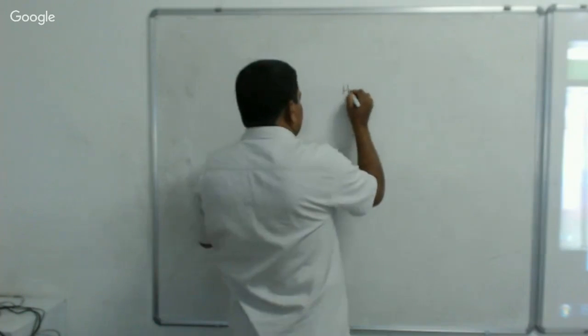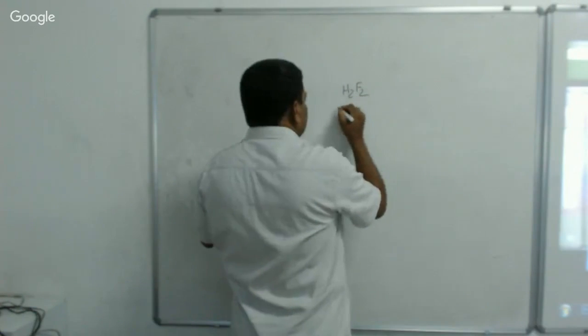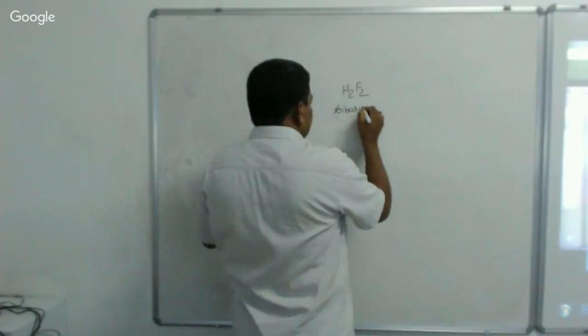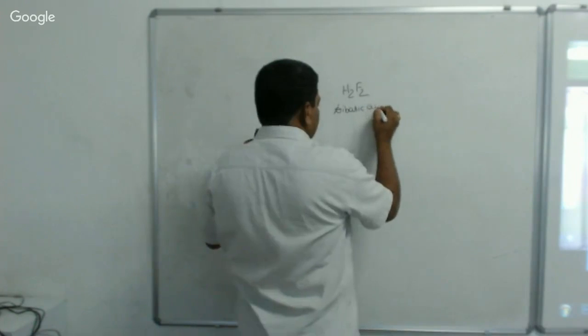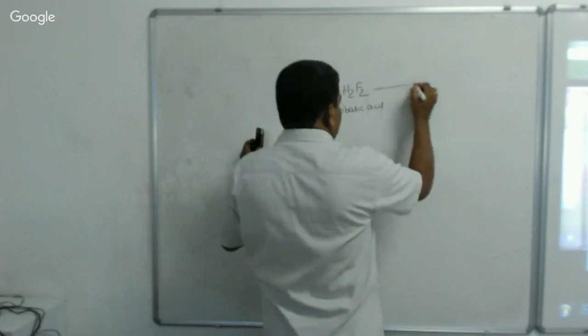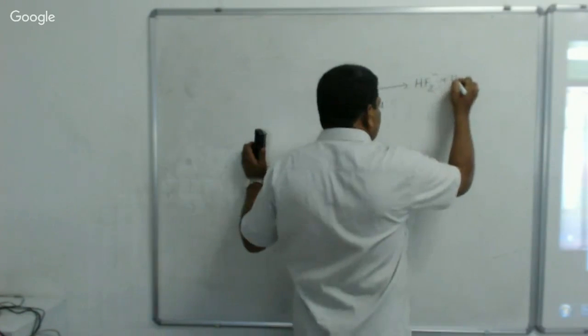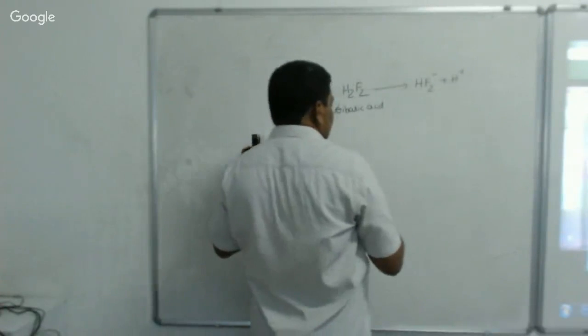Now this H2F2 is a dibasic acid, as there are two hydrogens. By losing a proton, it forms HF2 minus plus H plus.